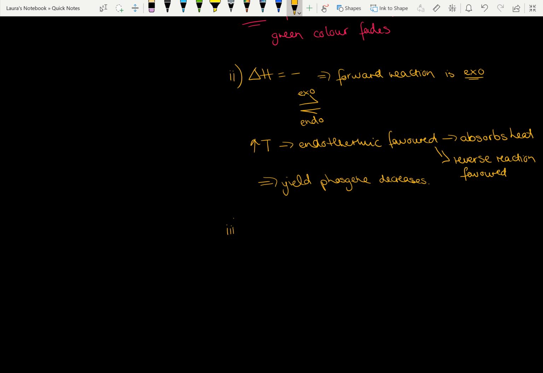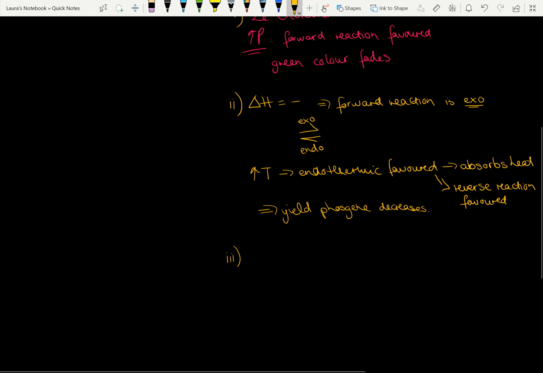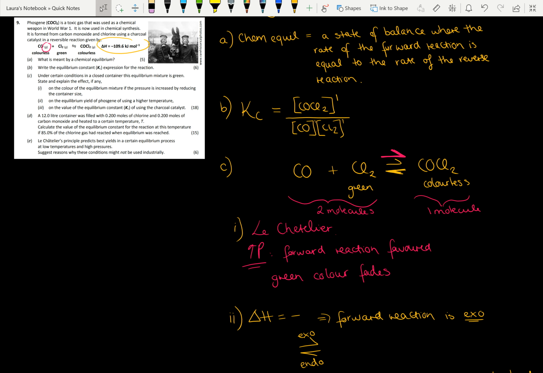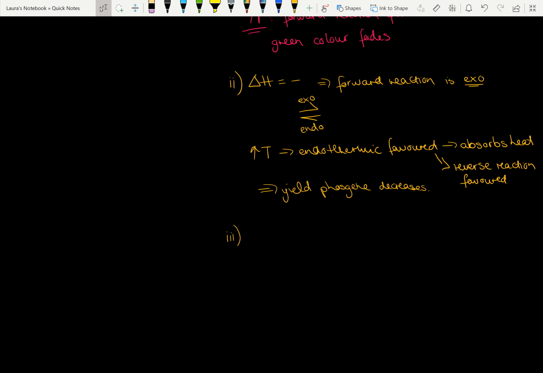Finally, part 3. Let's have a quick look. Part 3 asks us, what will the effect be on the value of the equilibrium constant if we use a charcoal catalyst? Now we know that a catalyst has no effect on Kc.